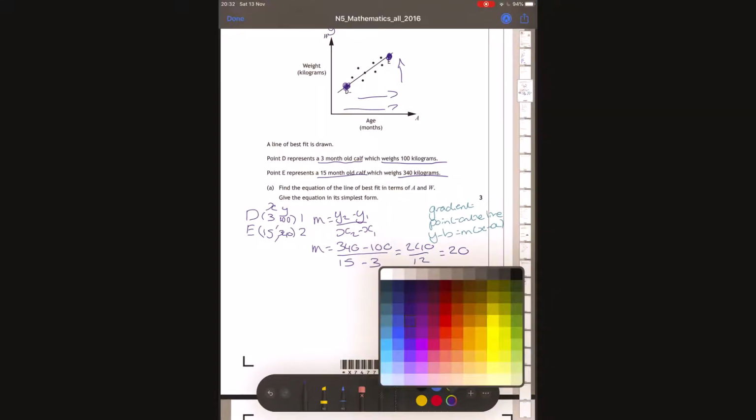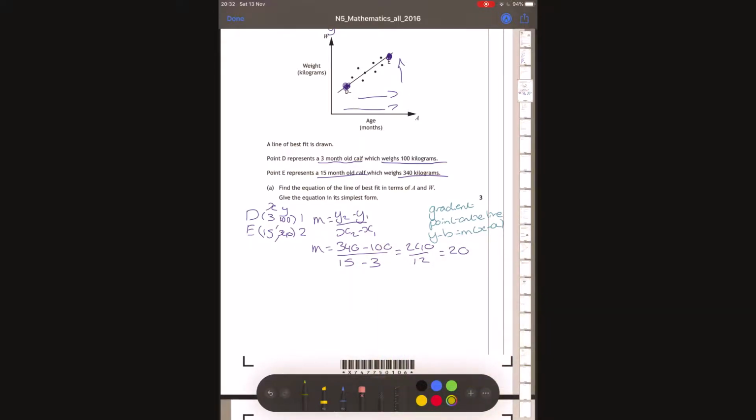Next thing we need, I'm going to put my little point here. So m is equal to 20, comma, what point are we using? Let's use 3, 100 since it's easier to work with. And this is A and this is B. So y minus b equals m bracket x minus a.